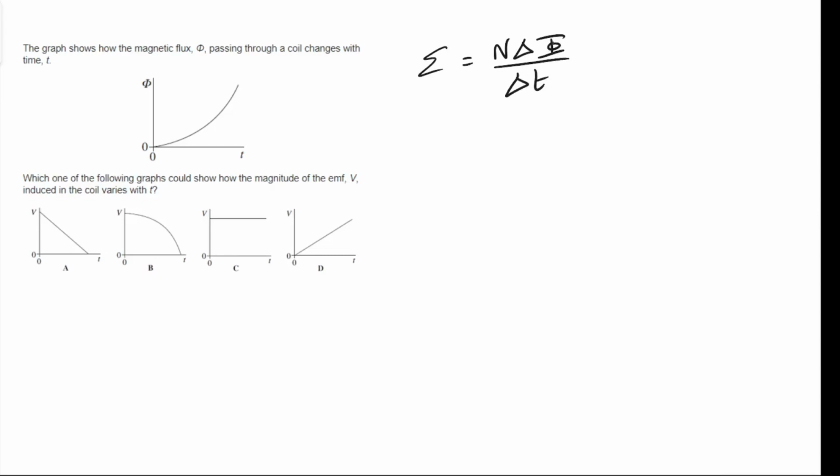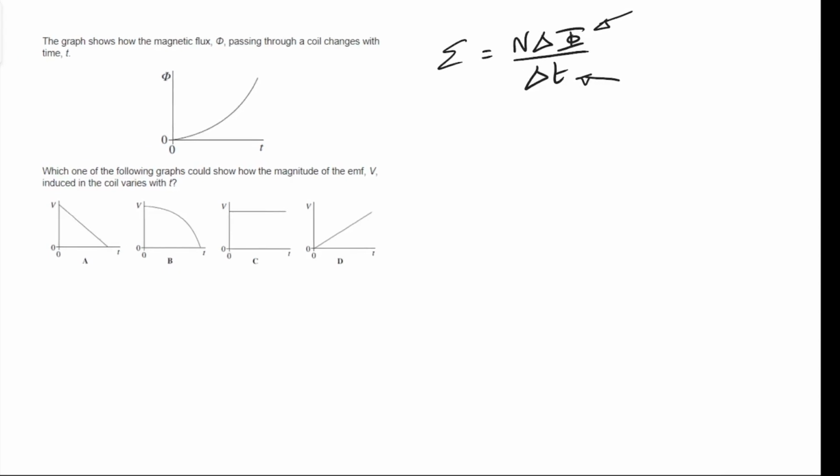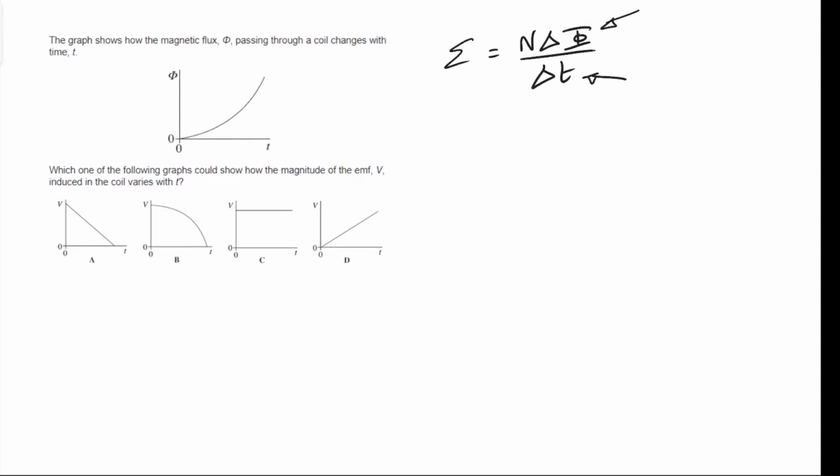And this tells us that the EMF is the rate of change of flux linkage. Whenever we have a situation like this, it simply means that if we plotted a graph of flux linkage versus time, the EMF would actually be the gradient of the graph. So let's see how the gradient of this graph changes.